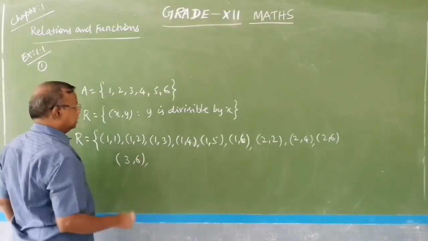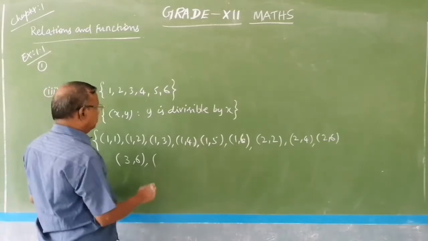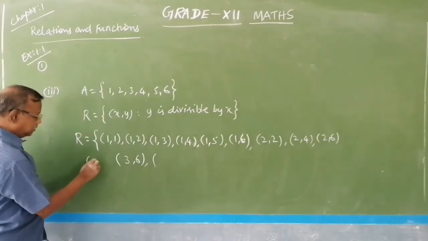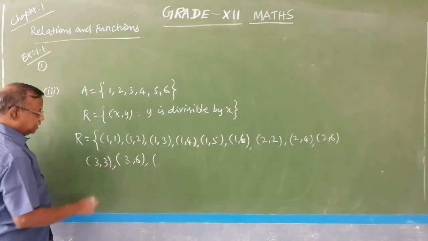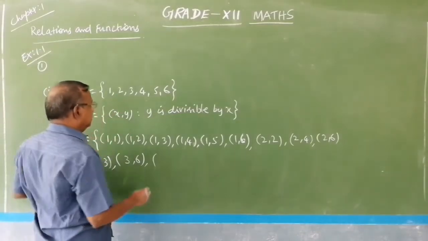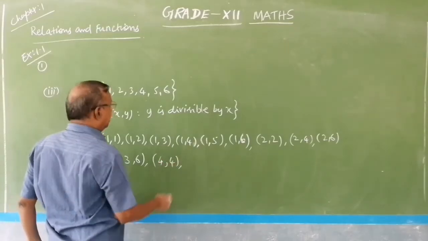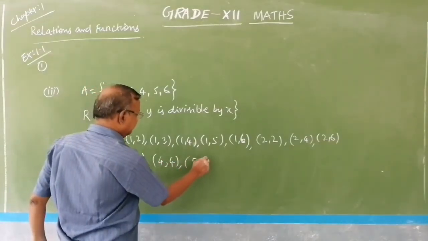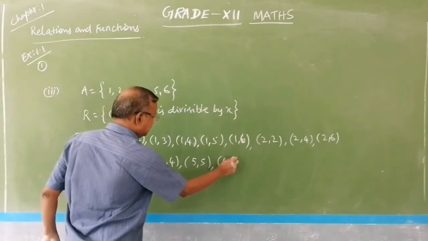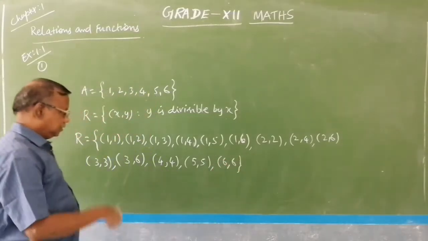For 4, (4, 4) only, and (5, 5) as well as (6, 6). Okay.